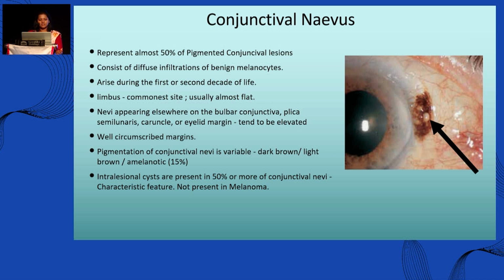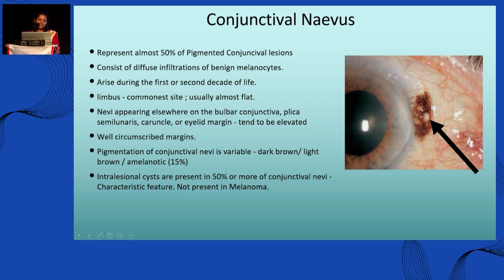They arise during the first or second decade of life, and the limbus is the commonest site. When it occurs at the limbus it's usually flat, while nevi appearing elsewhere, like in the bulbar conjunctiva, the plica semilaris, the caruncle or the eyelid margin, tend to be a little bit elevated.